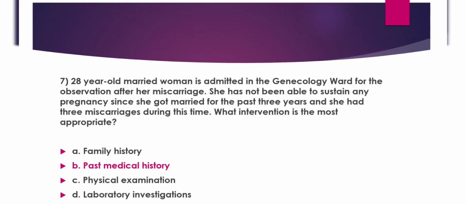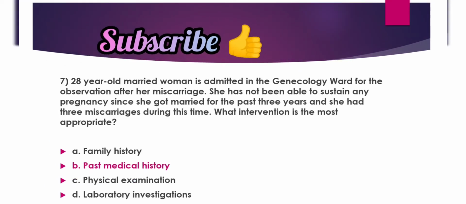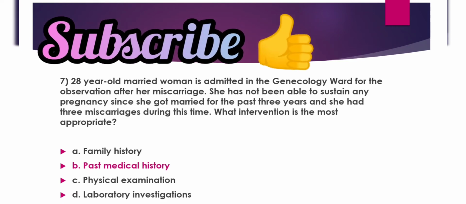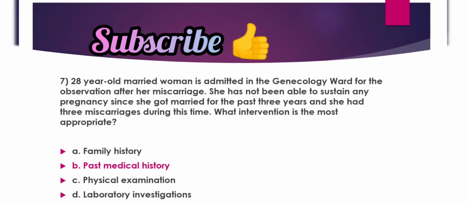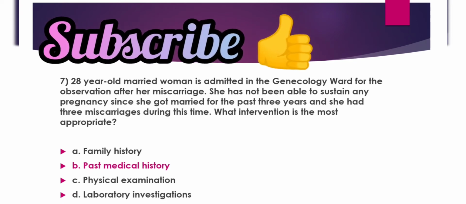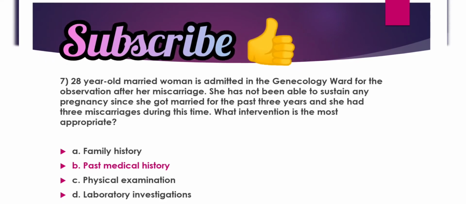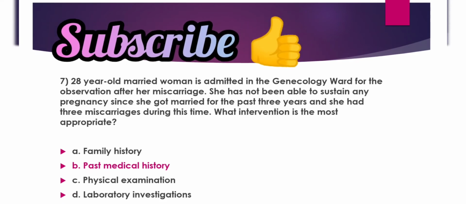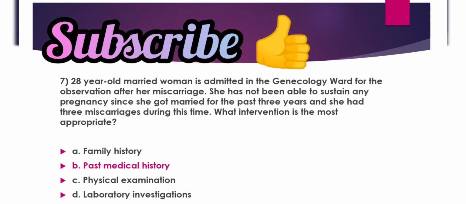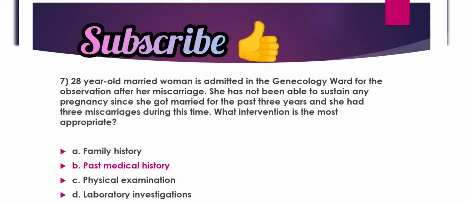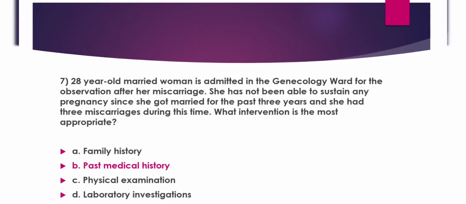Question number 7. A 28-year-old married woman is admitted to the gynecology ward for observation after her miscarriage. She has not been able to sustain any pregnancy since she got married 3 years ago, and she had 3 miscarriages during this time.